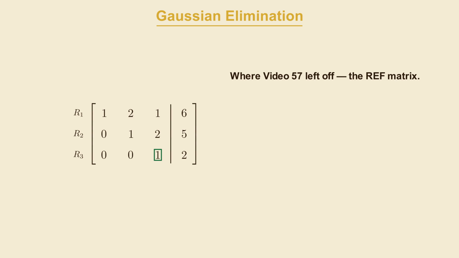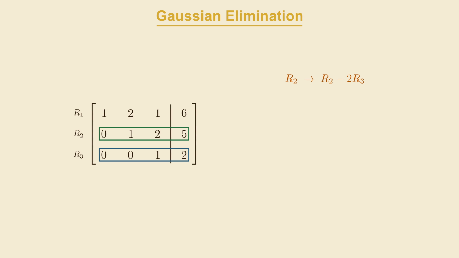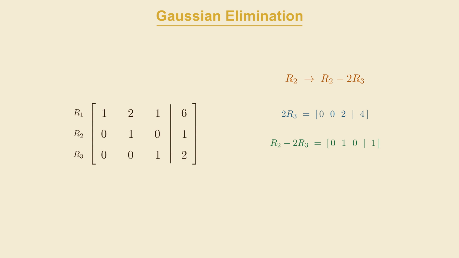The third pivot is 1 in row 3, column 3, and the entries above it are 2 in row 2 and 1 in row 1. To clear the 2 in row 2, we replace row 2 with row 2 minus 2 times row 3. 2 times row 3 is 0, 0, 2, 4. So subtracting that from row 2 gives us 0, 1, 0, 1.